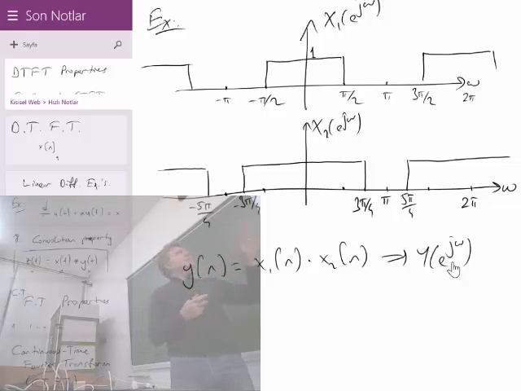Now notice that when you flip around, let's say that you flip around x2, even though you may slide, you see that they are always overlapping. There's always an overlap. There is no non-overlapping portion if you slide one of them on the other one.